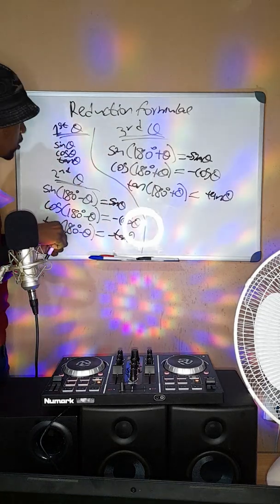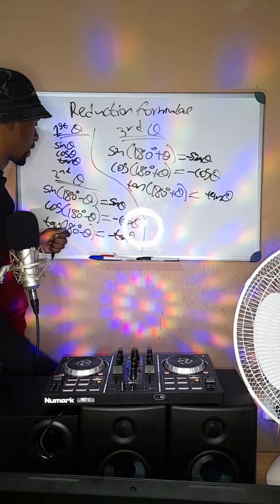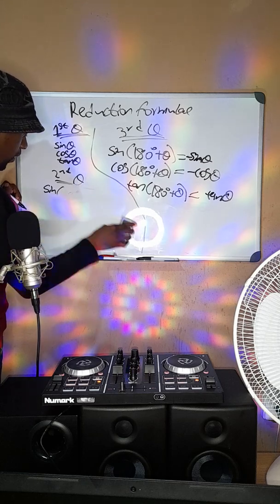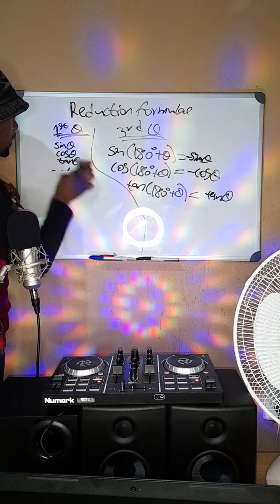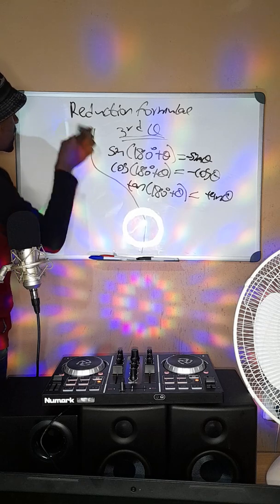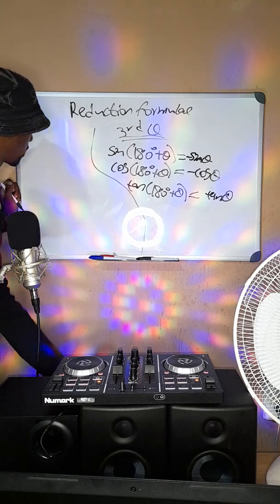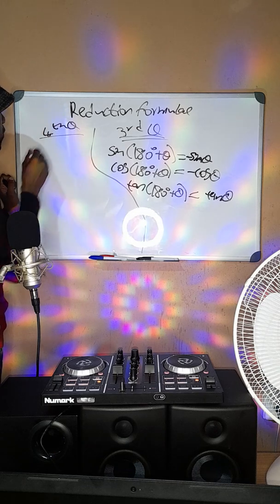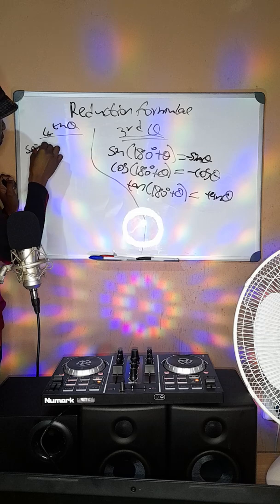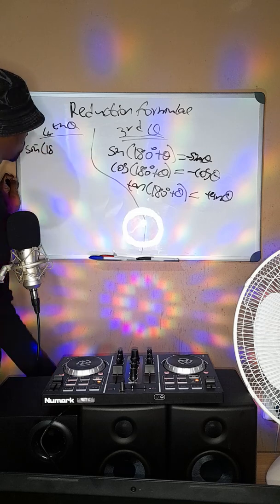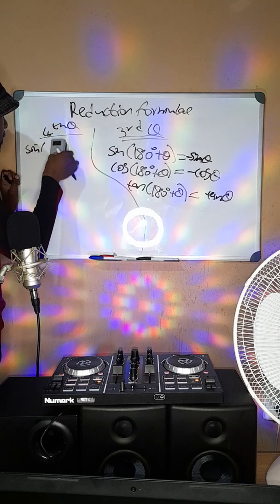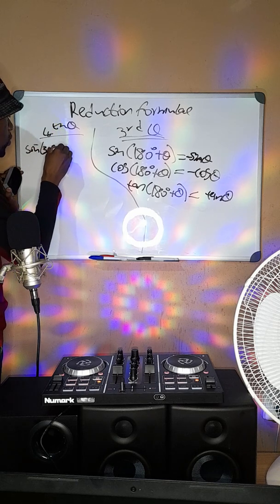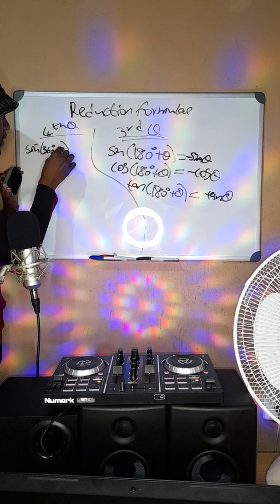Okay, then let's go to the fourth quadrant. In the fourth quadrant, we are having 360 degrees minus the acute angle there. In the fourth quadrant, we are going to have the sine of, not 180, sorry, it should be 360 degrees minus theta there, subtracting the acute angle.